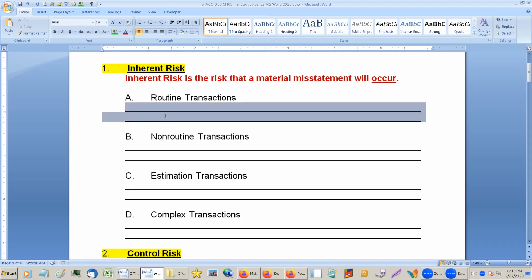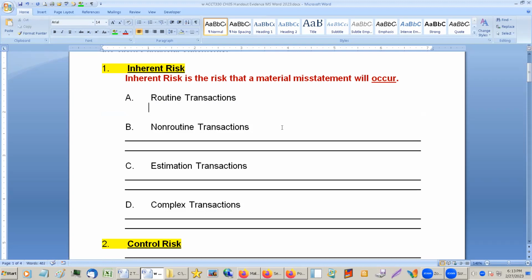Now, routine transactions generally have fairly low inherent risk. Everybody knows how to make the journal entry for buying inventory or making a sale or something like that. Routine transactions have a low inherent risk. These other ones have a little bit more.